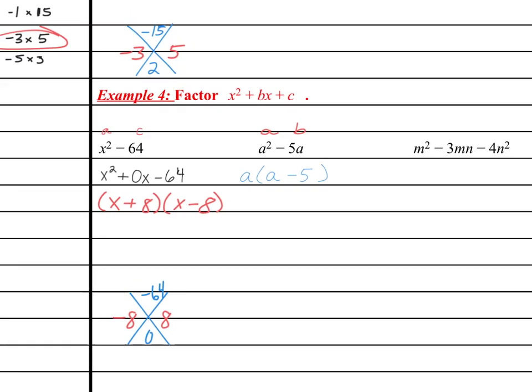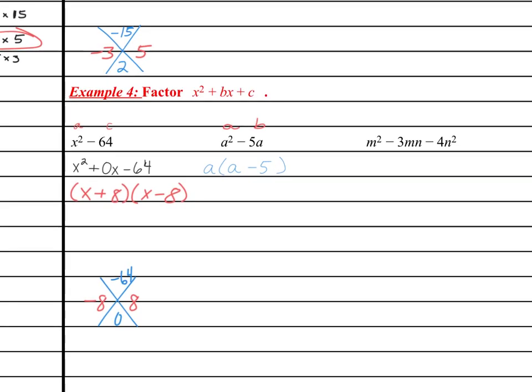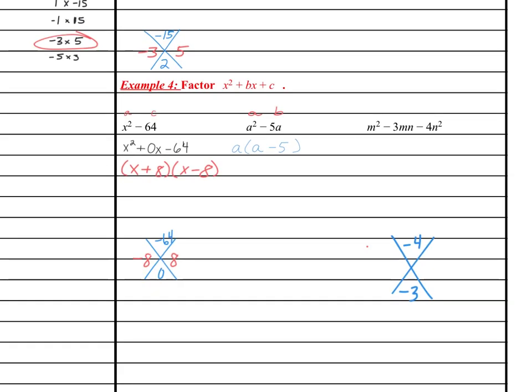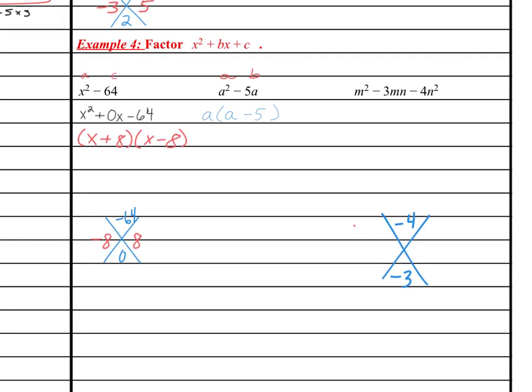Okay, and then the last one is kind of weird because you have two kinds of variables. Pretend they're not there for now, and let's just do what we did before. You need two numbers that multiply to negative 4, but add to negative 3. What are the numbers?